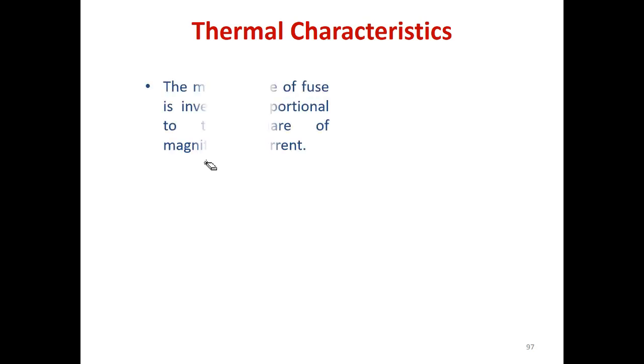What is the thermal characteristic? The melting time of a fuse is inversely proportional to the square of the magnitude of the current. It has been found experimentally that the time it takes to melt the fuse element is inversely proportional to the square of the current.